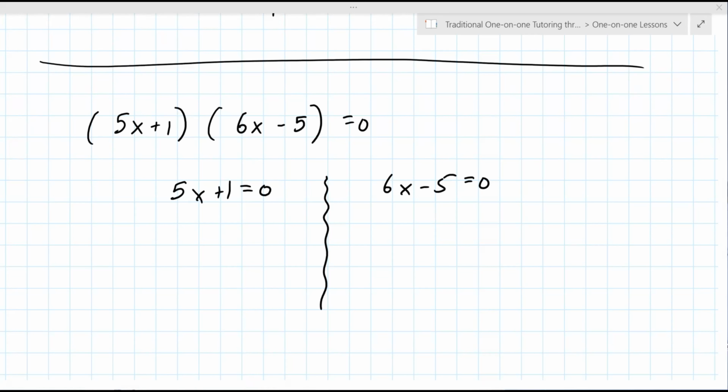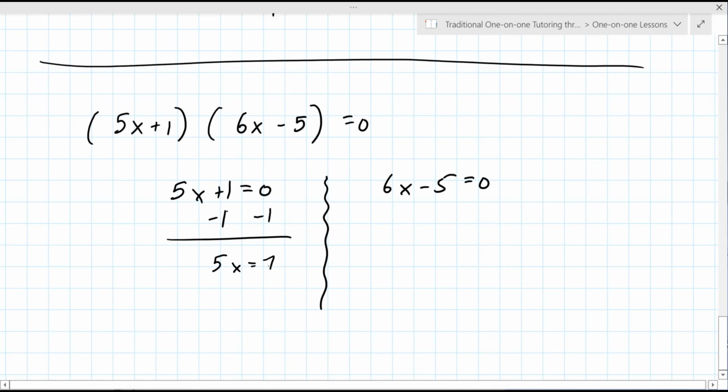So wait, no. Subtract 1 from the left side from both sides. On the right side, you add 5 to both sides.